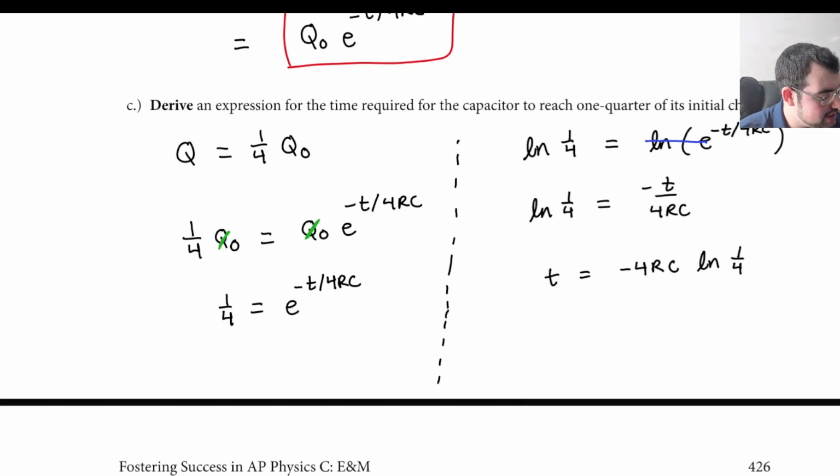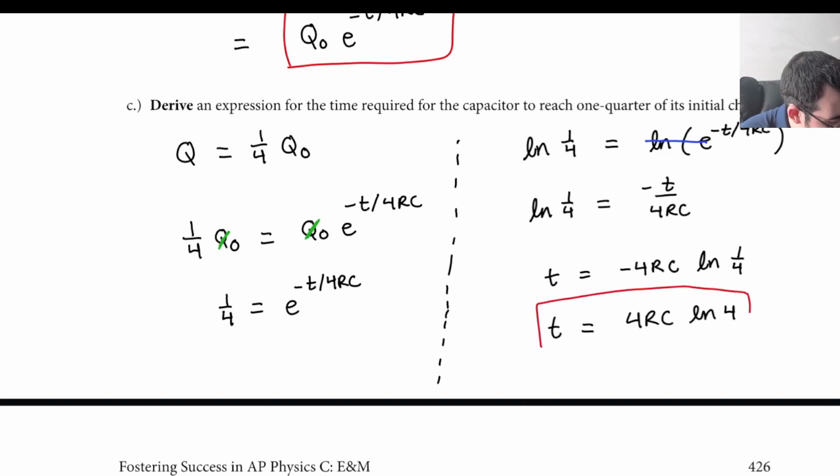So we can use a nifty log property that says we can bring numbers inside the log as powers. We'll write the answer first, then I'll justify it. We can write this as 4RC ln 4. So why can we do that?